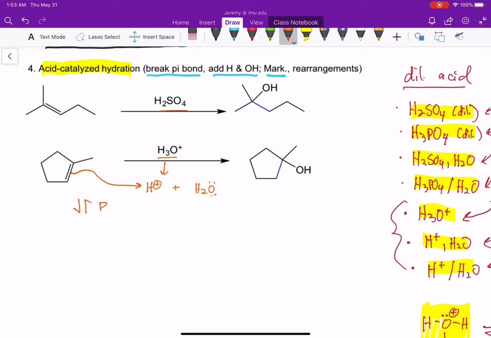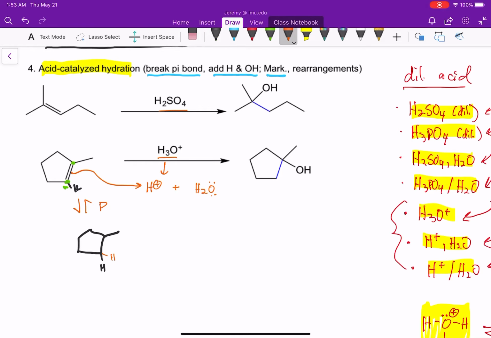So when we protonate this, we're going to follow Markovnikov's rule. We have two sp2 carbons here and here, so we're going to add the hydrogen to the sp2 carbon that has more hydrogens. Hydrogen in black.